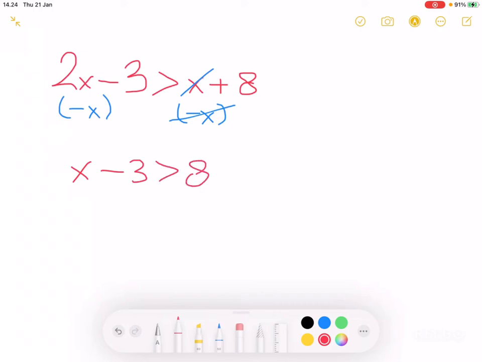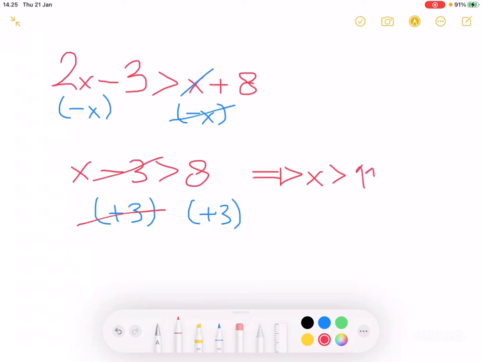Then you can add 3 on both sides, as long as you keep an eye on those two tips. We're left with a final answer of x is greater than 11.